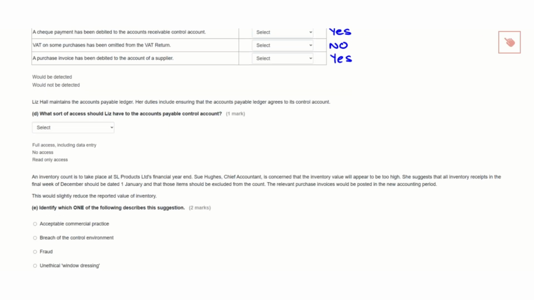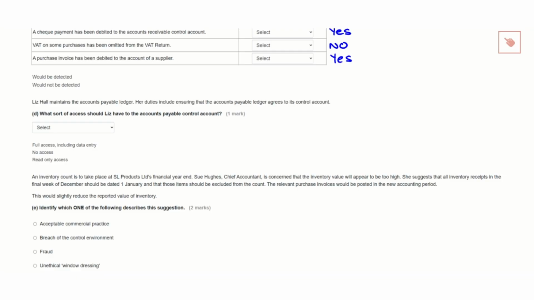Moving on to Part D, Liz Hall maintains the accounts payable ledger. Her duties include ensuring that the accounts payable ledger agrees to its control account. The question is asking what sort of access should Liz have to the accounts payable control account.